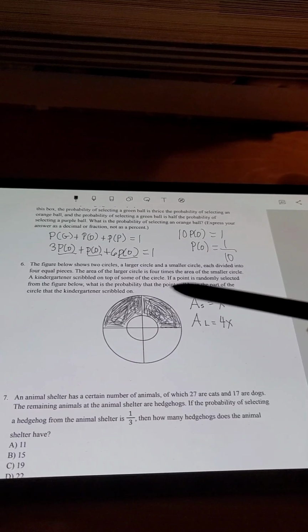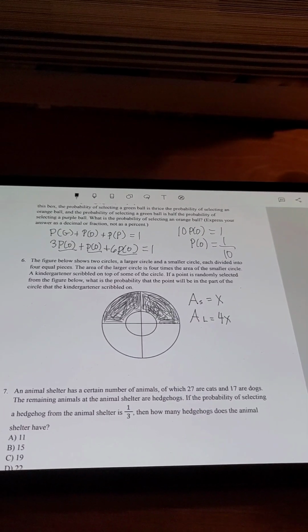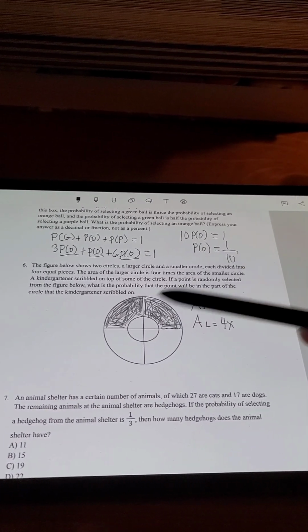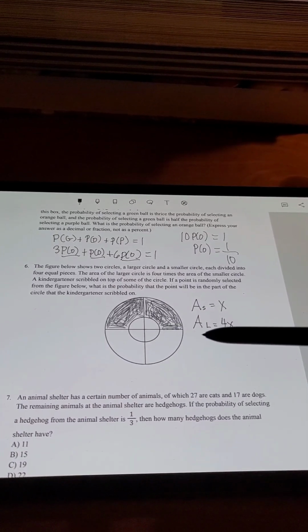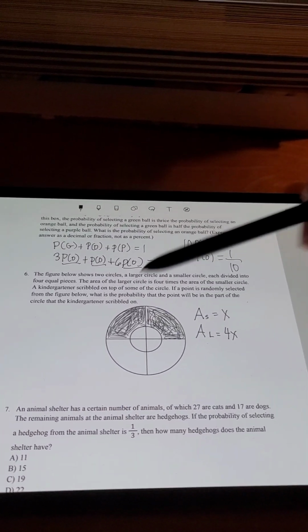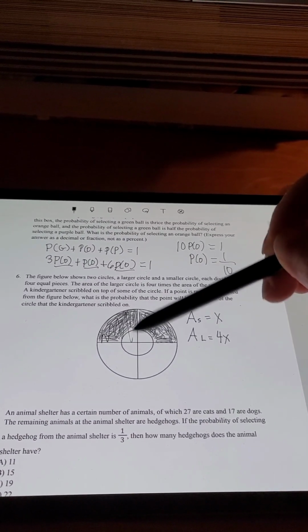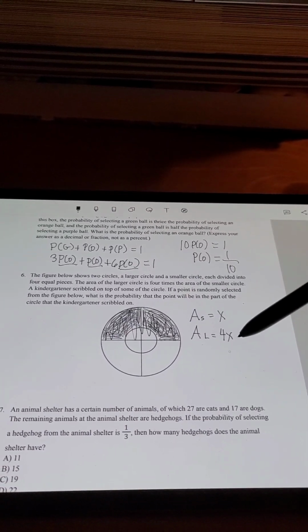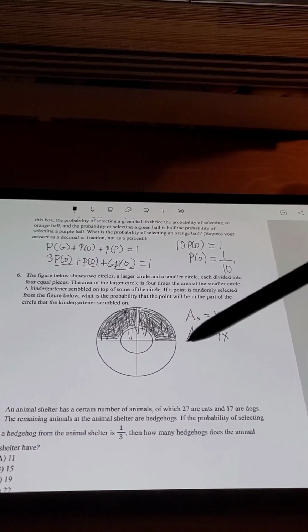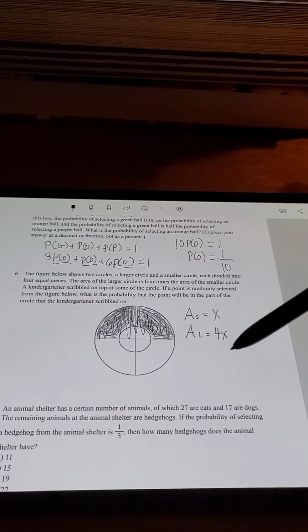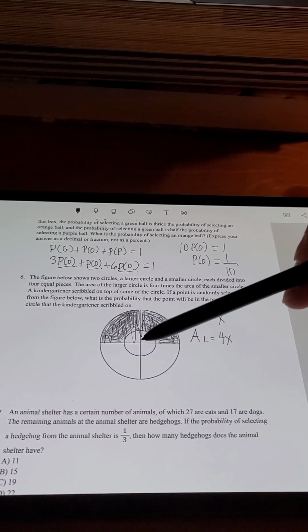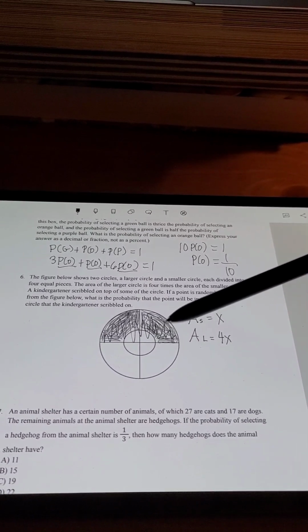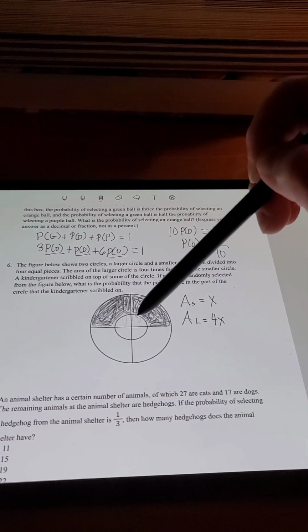So I have to think, how could I find the area of the scribbled portion? Well, if you look right here, half of the big circle would be all of this right here. So like 2x, because I would divide the area of the large circle by 2 to get the area of half of it. But that includes the blank space right here that doesn't include the scribbles. I don't want that.